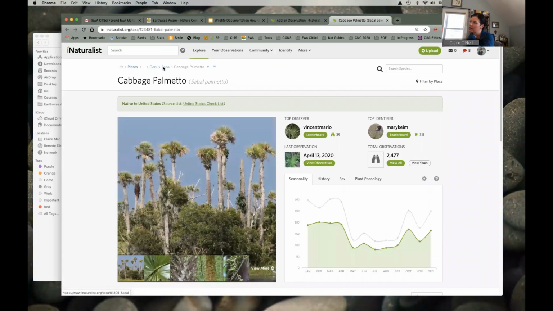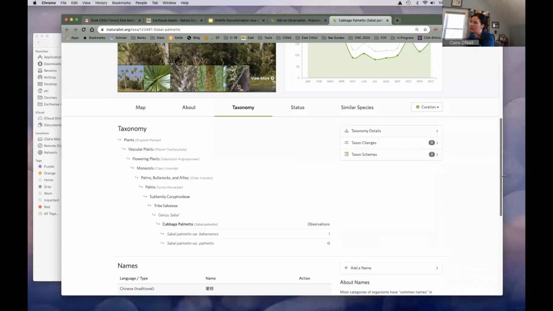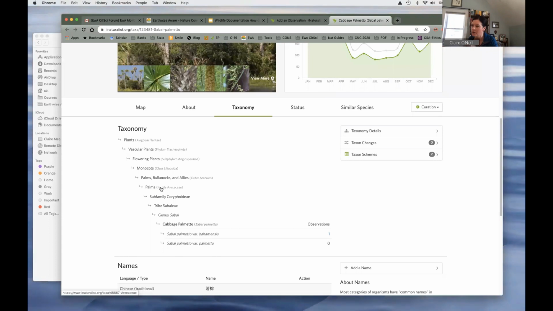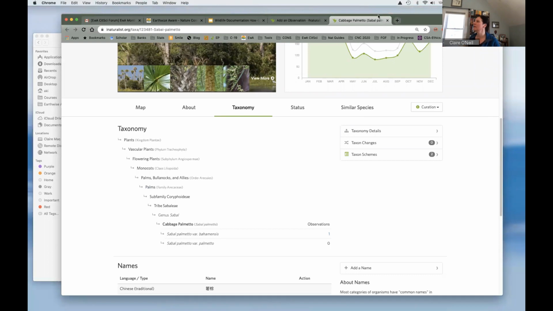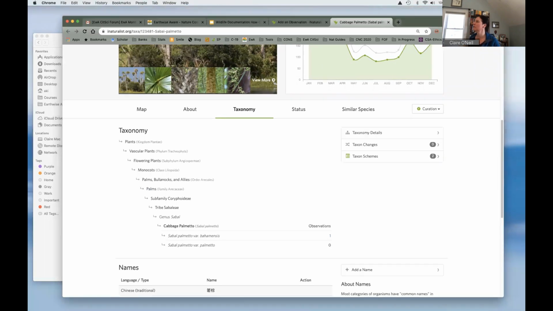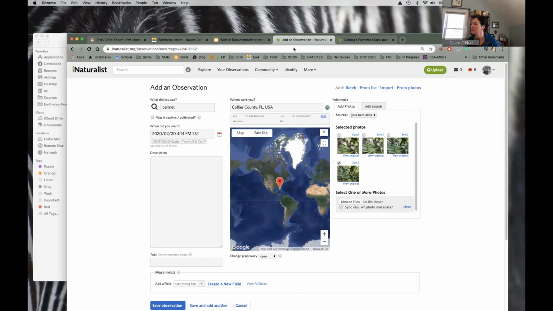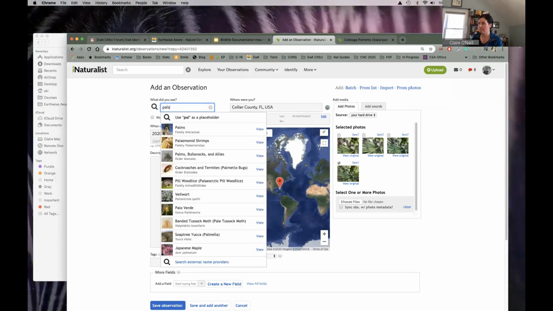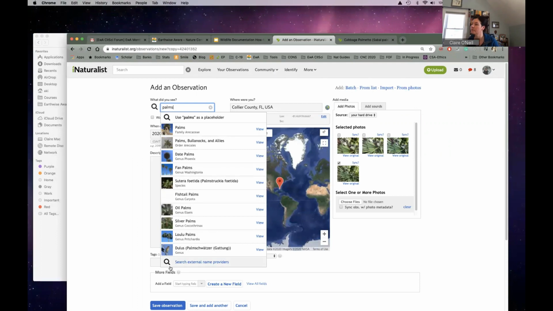Actually, I'm going to go with palms. I'm going to go at the family level, because I don't know if it's a Sabal genus. So palms. Often I'm struggling with the language, so that's why I'm going there, because I want to see how it's written. So I'm going to move that here and go with palms. And there we go.